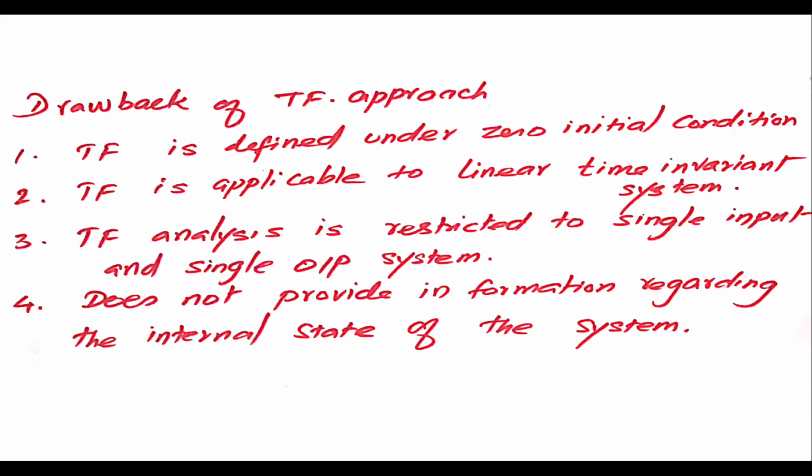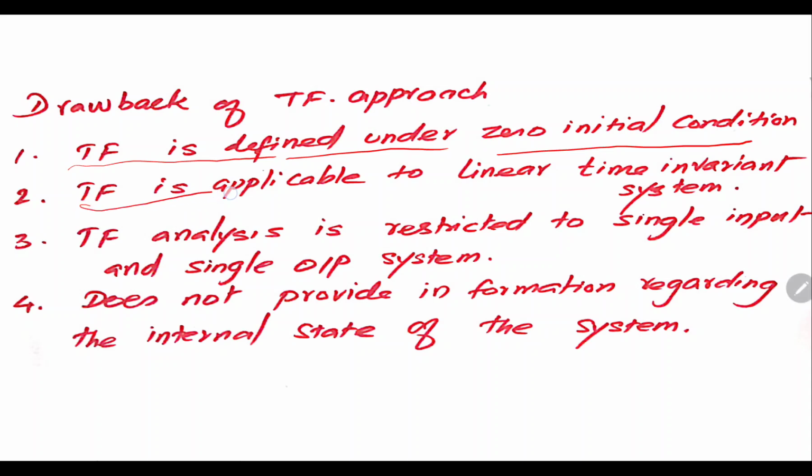The first drawback is that the transfer function is defined under zero initial conditions. So if you really want to analyze the system using a transfer function, we need to assume that the initial conditions are equal to 0. If the initial conditions are not equal to 0, it is very difficult for us to use the transfer function approach.